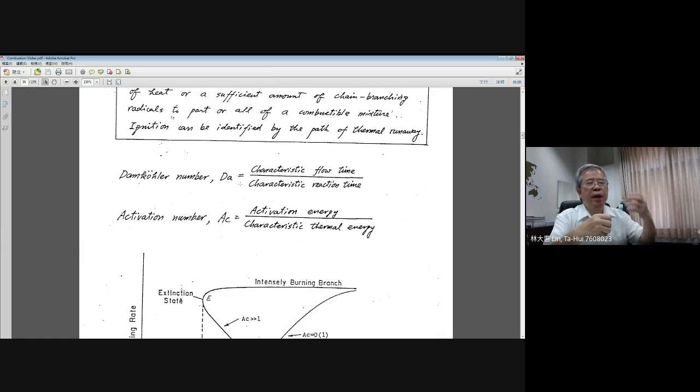Then you supply energy into this control volume, and the chemical reaction starts. But remember, when you have a given control volume, this control volume may exist in a flowing medium, right? The flow is continual movement, and you realize there is an influence coming from the flow convection, also the diffusion.